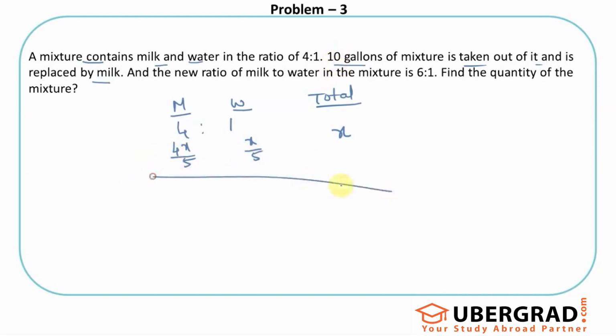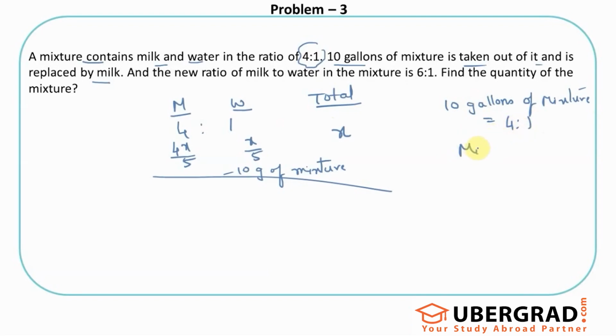We are removing 10 gallons of mixture. One point that we need to know is this: when I am removing 10 gallons of mixture or whatever the quantity, the mixture would also go with the same ratio or the split of it. So I know that in x liters 4:1 is the ratio. Even in the 10 gallons, the 4:1 ratio is the split of milk and water.